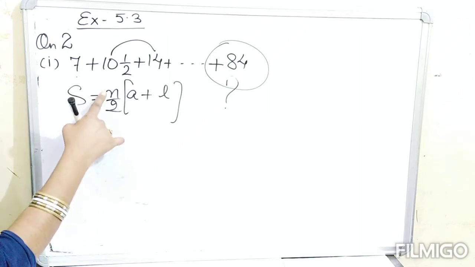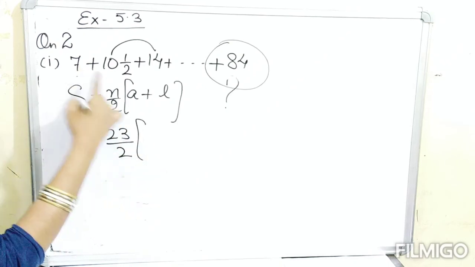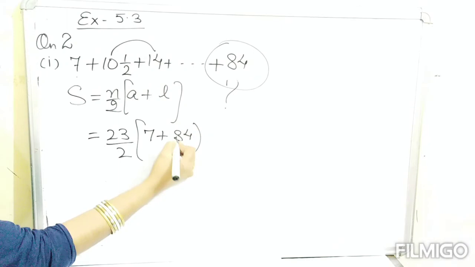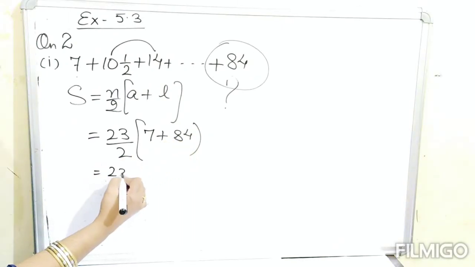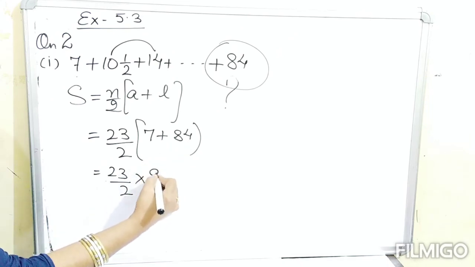Now put all the values here. N we got is 23, so 23 by 2. A we have 7 plus L is 84, so this is equal to 23 by 2 into 7 plus 84, which is 91.